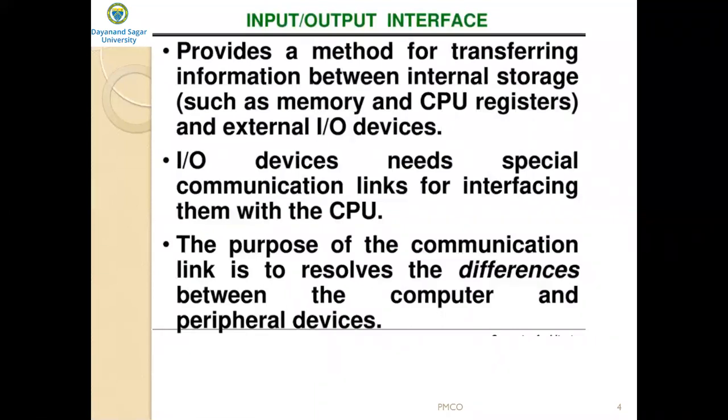Then what is the input and output interface? As you know, the peripheral devices or input output devices are used to transfer information between the CPU and the IO devices. But the input and output devices cannot directly communicate with the CPU because of various differences between them. To repeat, IO devices cannot directly communicate with the CPU due to various differences between them.